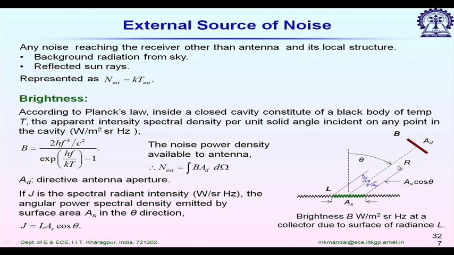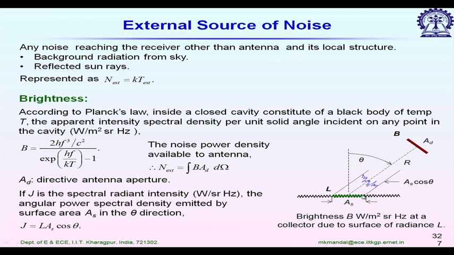Now let's say we define a parameter J, which represents the spectral radiant intensity, in watt per steradian hertz, the angular power spectral density emitted by surface area AS in the direction theta.